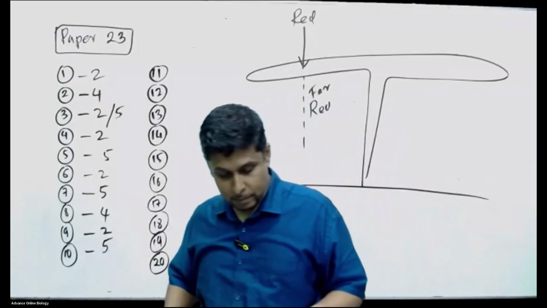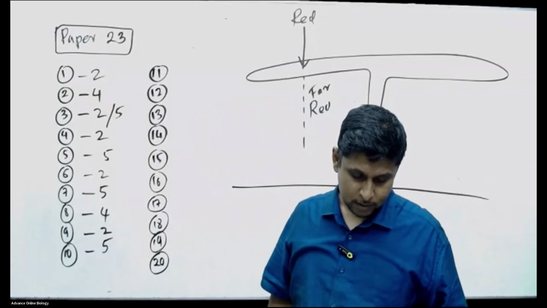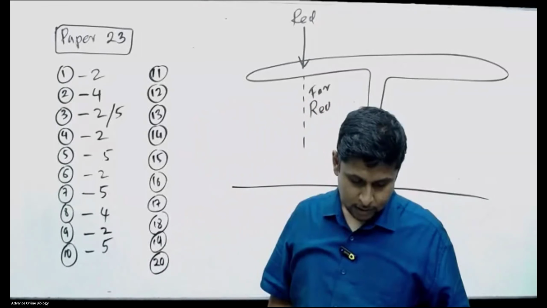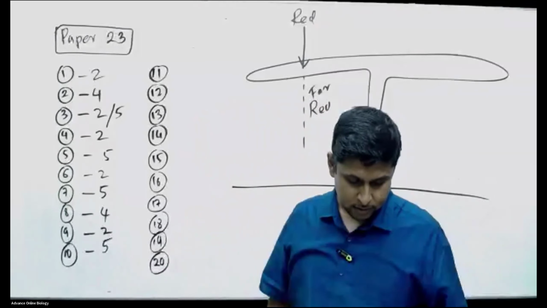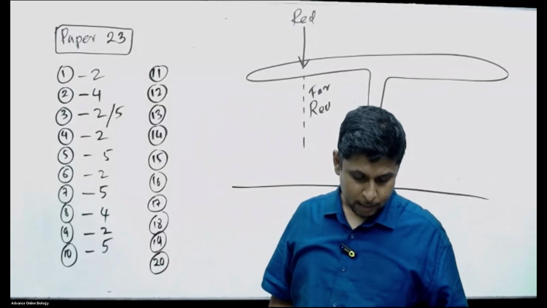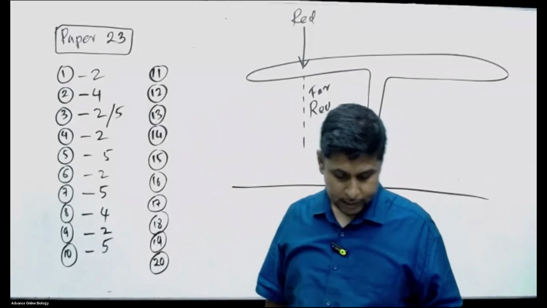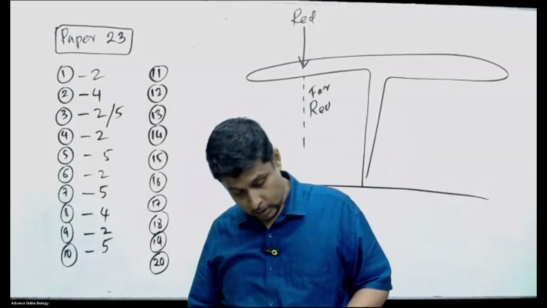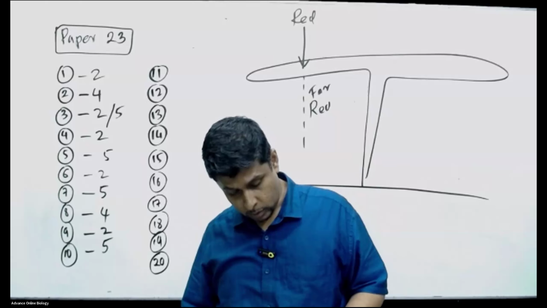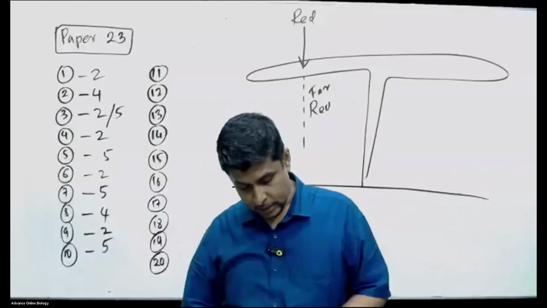Gibberellins stimulate stem elongation, correct. And then cytokinin stimulate seed germination, correct. Abscisic acid inhibit growth, correct. Ethylene promote leaf abscission, correct. So third one is perfect.